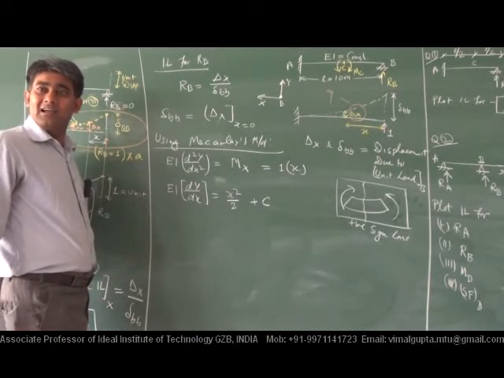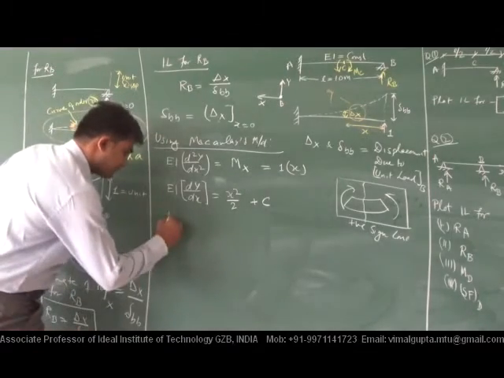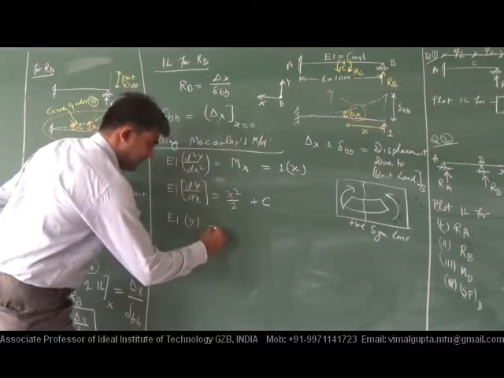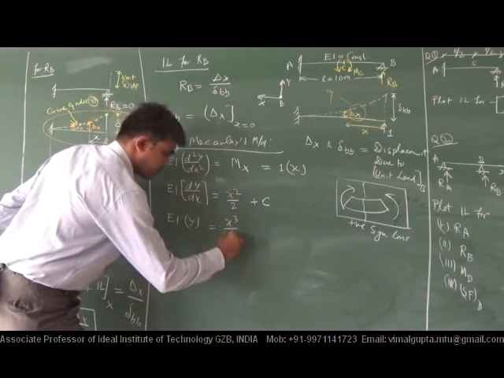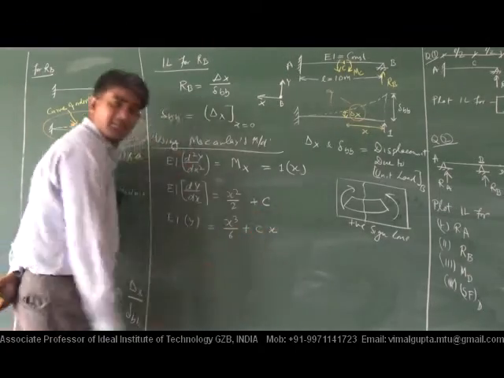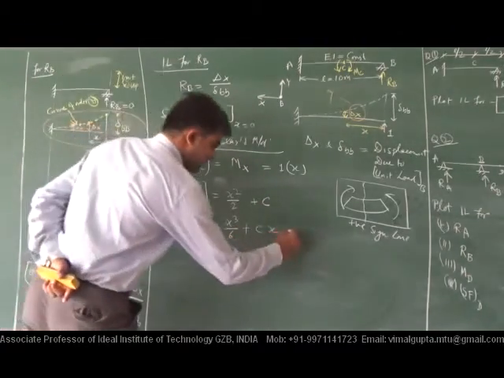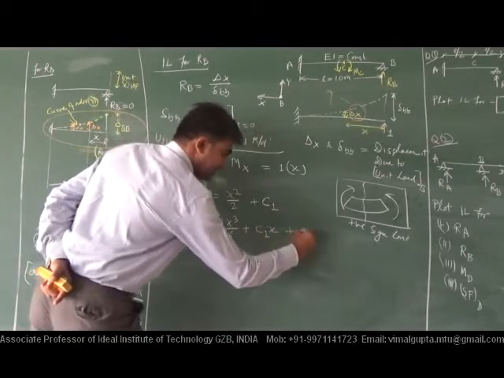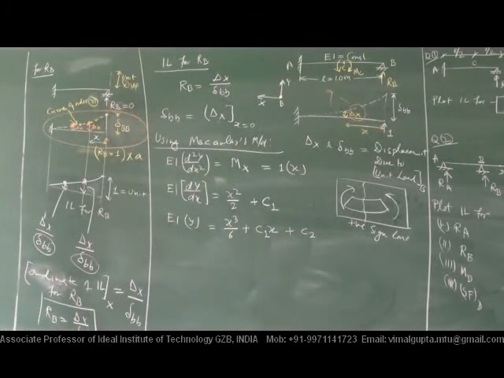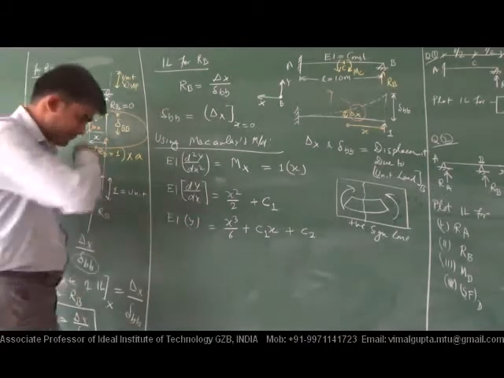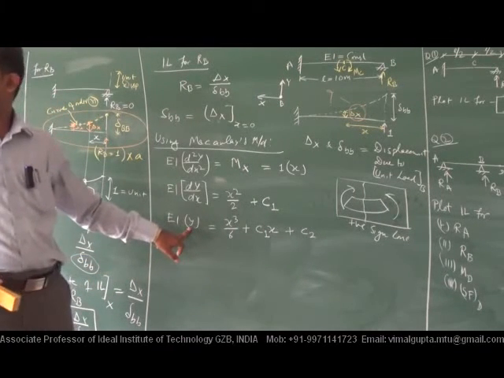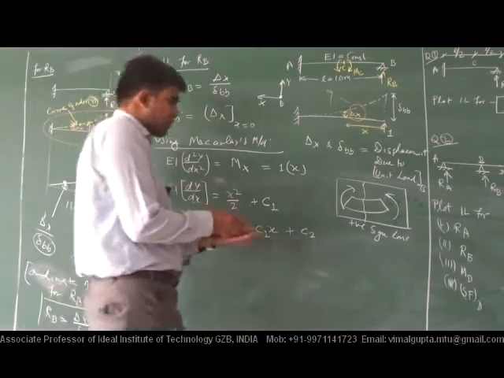Again, if you integrate further, then you will get EI into y equals x cube by 6 plus c1 into x plus one more constant, c2. Got everybody? So what is the value of y? है ना? Y क्या है? Y is del x. यही तो है.